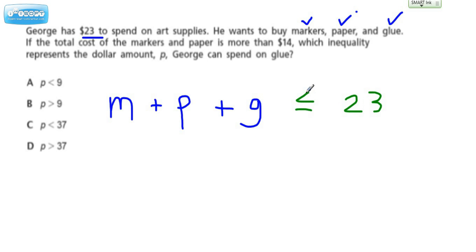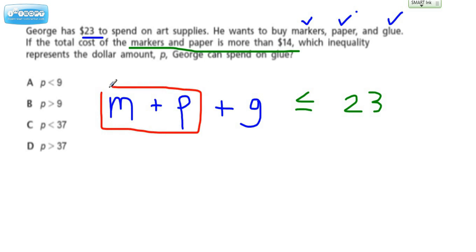All right, so now let's take a look at this little nugget right here where it says that the total cost of the markers and paper is more than $14. So this piece right here is a greater amount than $14, whatever this is. And then they want to know which inequality represents the dollar amount P George can spend on glue.